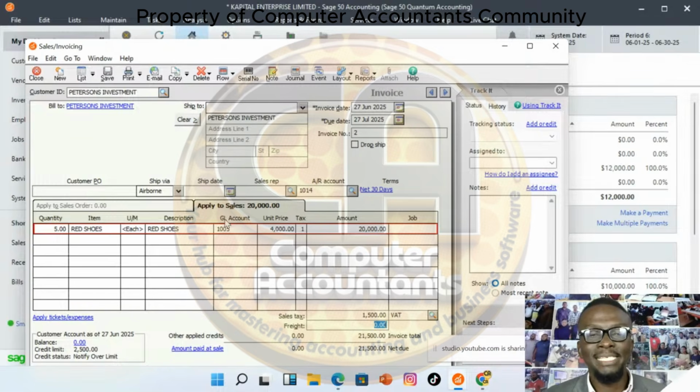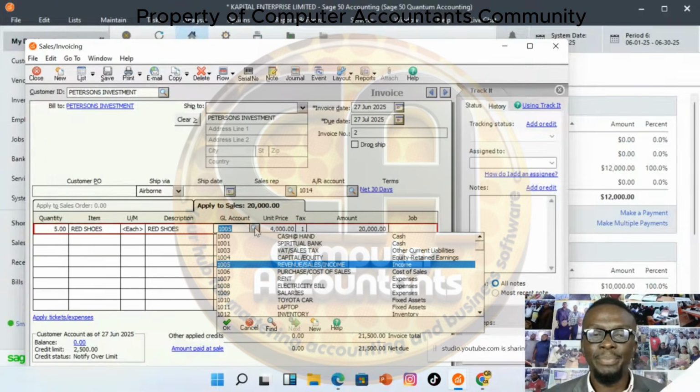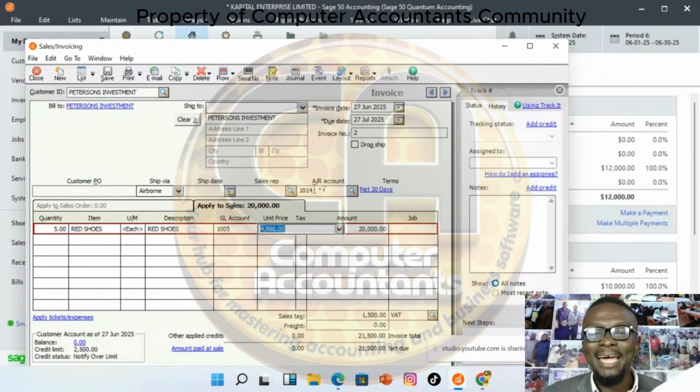So you can see my GL account is now open. So I can now look at how the system is doing the debit and credit. You can see my income account will be credited, right? Then accounts receivable will be debited. You can see the double entry there just on the screen. So once you set up properly, the system takes over your double entry.